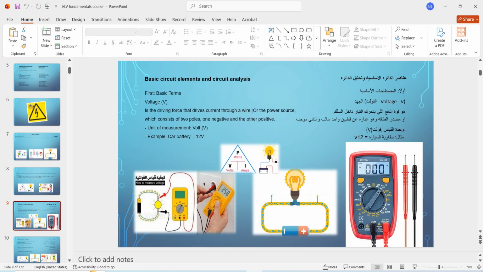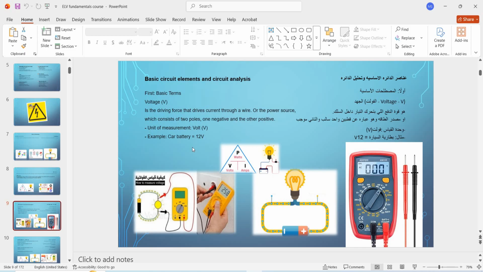We have a current that needs to be driven, so the voltage is the one that forces and drives the current through a wire. The power source consists of two poles, one negative and the other positive. As we see here, this is the generator, the one that generates the voltage, and we have two poles, one positive and one negative.